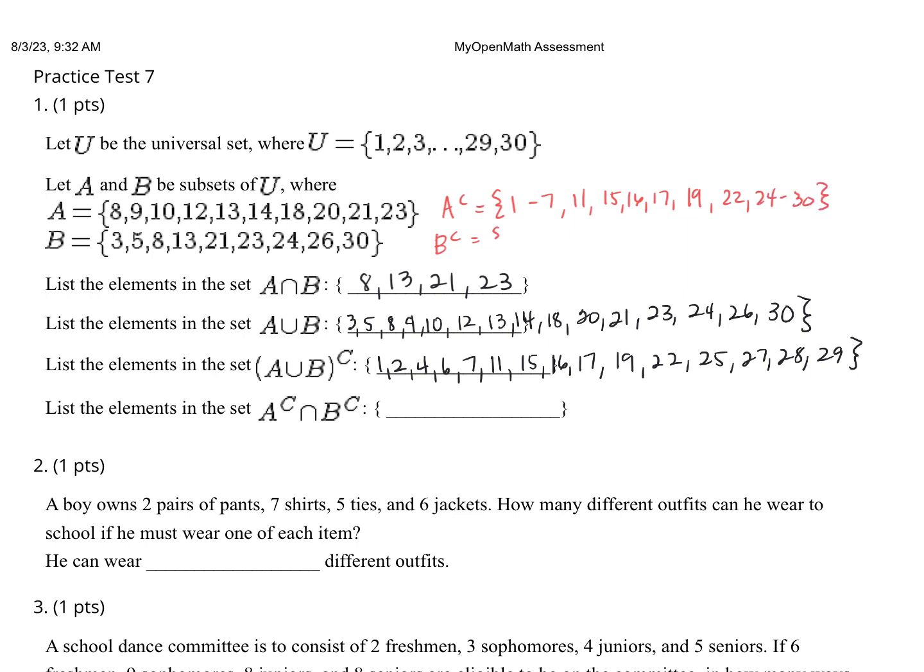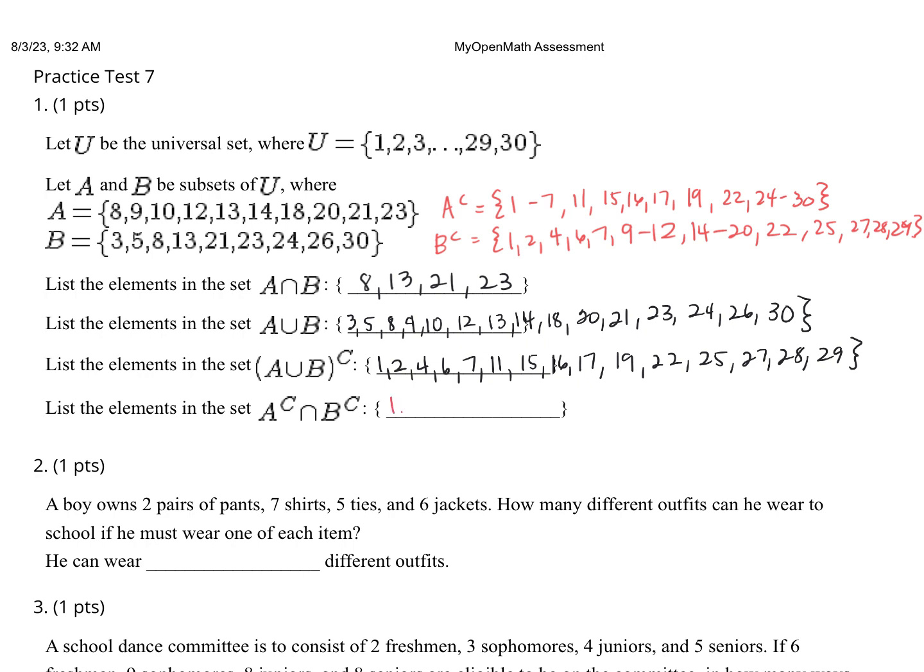And then the complement of B, 1, 2, 4, 6, 7, 9 through 12, 14 through 20, 22, 25, 27, 28, 29. Okay, so now we want to know what these two sets have in common.